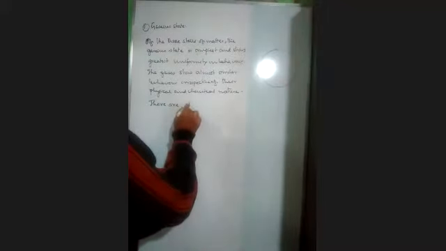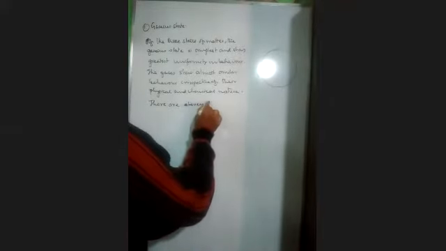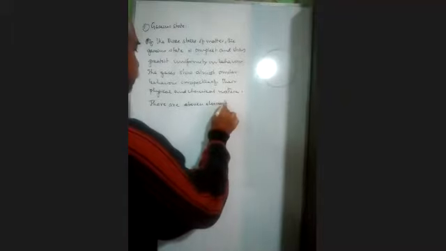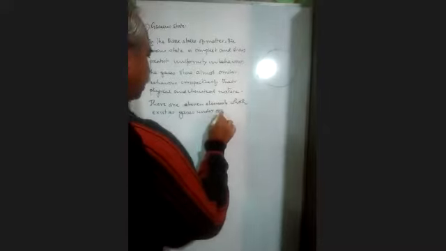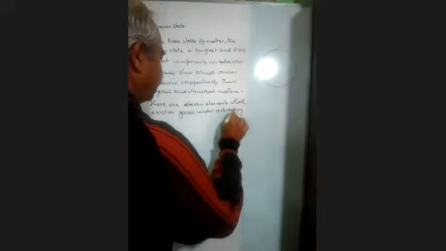There are 11 elements which exist as gases under ordinary conditions. Please remember, this is extra information I have given you. Out of so many elements present in our periodic table, 11 of them exist in the gaseous state.